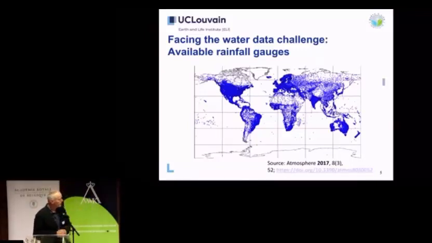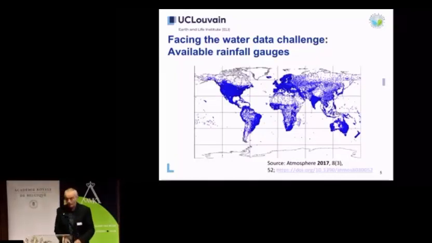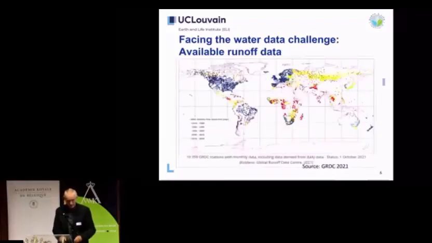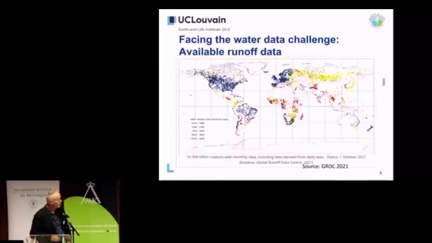Here you see the map showing the density of the available pluviometers in the WMO databases, and you see clearly that, of course, in the United States, Europe, we have a lot of data available. Unfortunately, if you go to Africa and Latin America, and particularly in sub-Saharan Africa, there we have a lot of shortage of good precipitation data. So that means that, well, if we do not know how much it rains, then it's very difficult also to manage the water there.